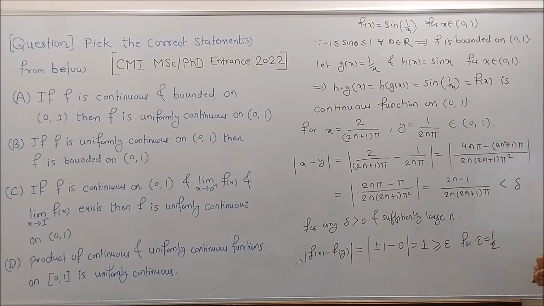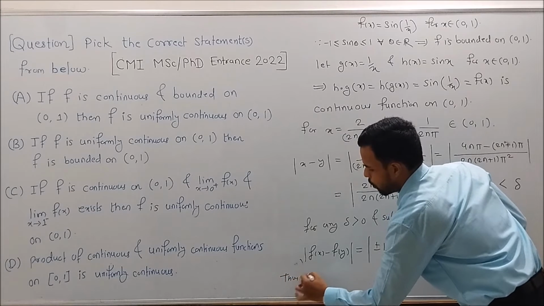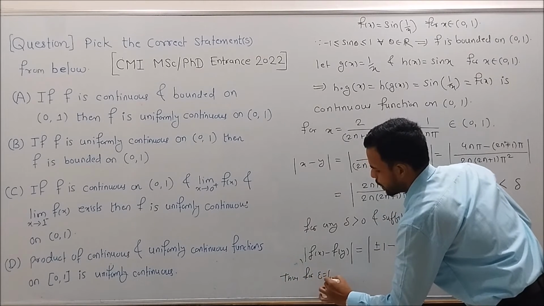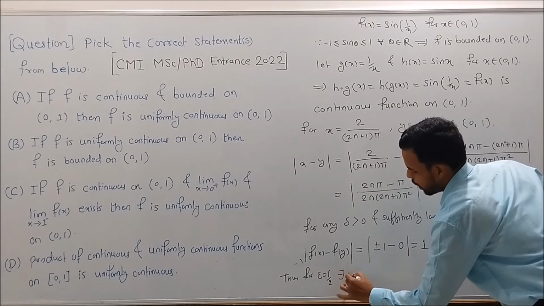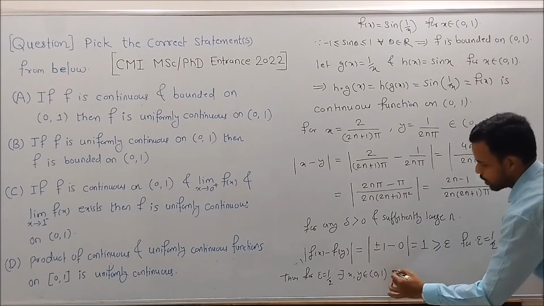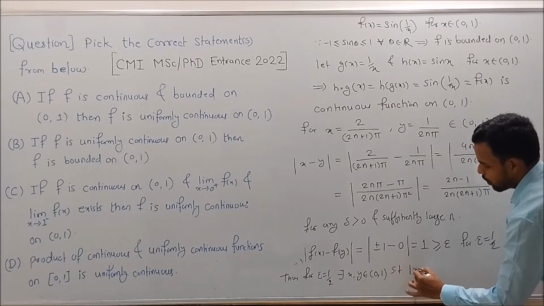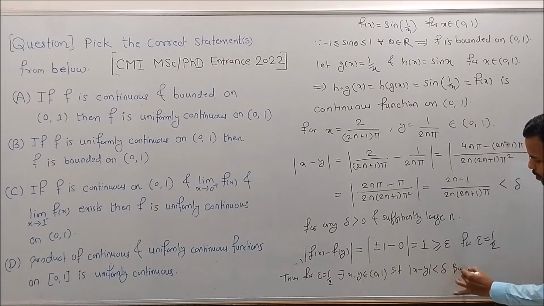So we see that for epsilon equals 1 by 2, there exist x, y belonging to the open interval (0,1) such that mod of x minus y is less than delta, but mod of f(x) minus f(y) is greater than epsilon.